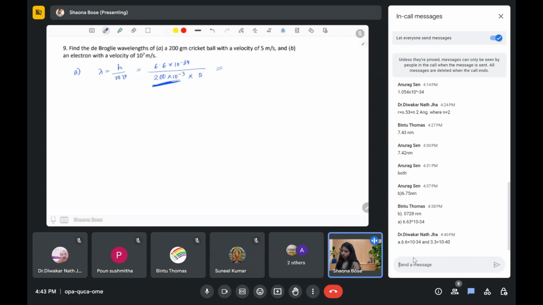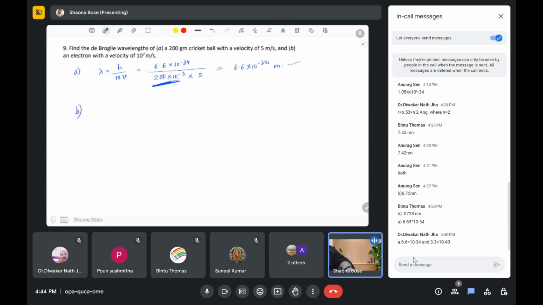So what does this give? 6.6 into 10 to the minus 34 divided by 200 times 3 divided by 5. Okay, I see why you got that, Dr. Jha. Yes, even I'm getting that. Yes, I think it's okay. The solution which I have is different though. Okay, let's not bother about that.